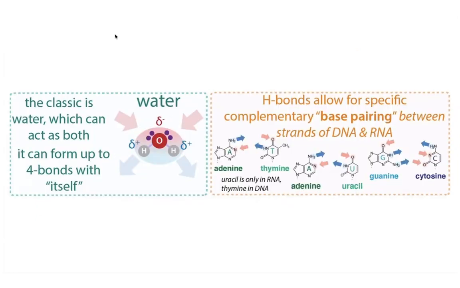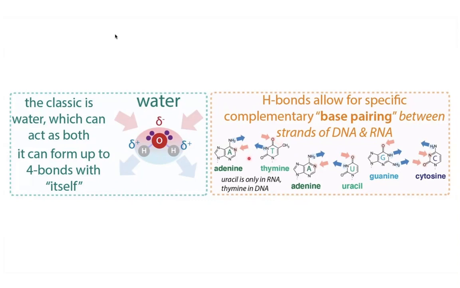In addition to between water molecules and between water molecules and other molecules, you see hydrogen bonds in a lot of places in biochemistry, and there are a couple that are going to be the most consequential. One is going to be in the base pairing between strands of DNA and RNA. So we have our 4 or 5 nucleobases, and each of these offers opportunities with hydrogen bond acceptors and donors, and they match one another.